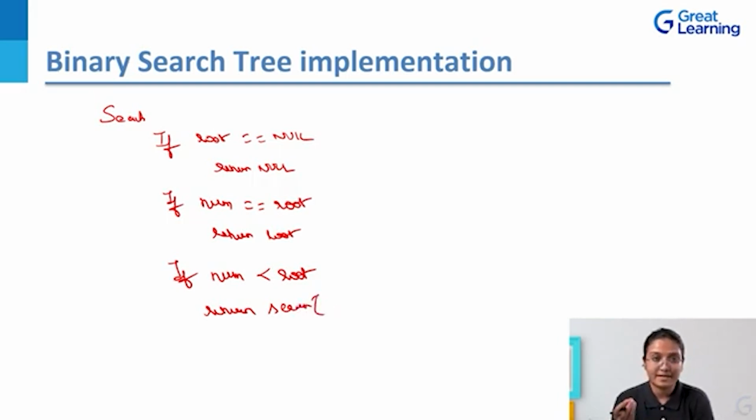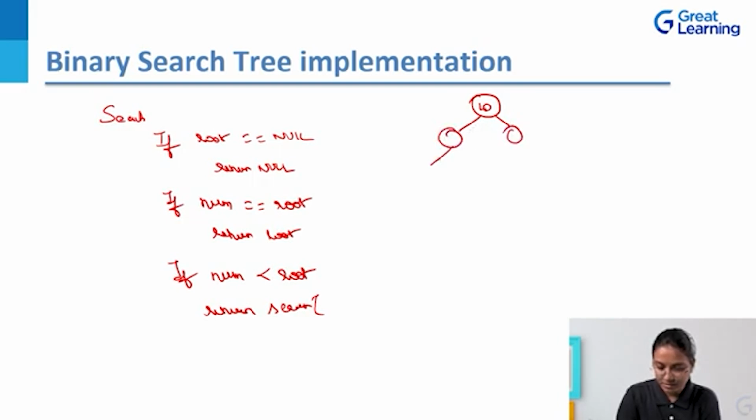Any element you are finding over a tree, for example, the number 4, in a tree like this, say you have different values here, I'm not writing values as of now. So the 4 is situated here.